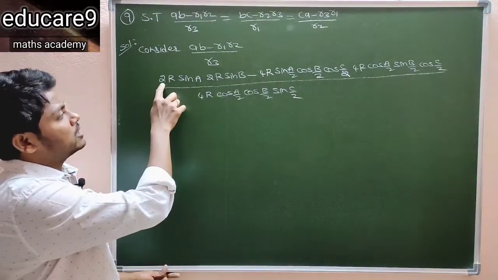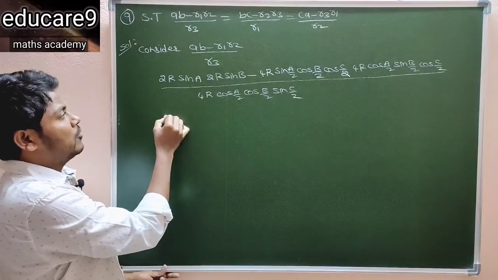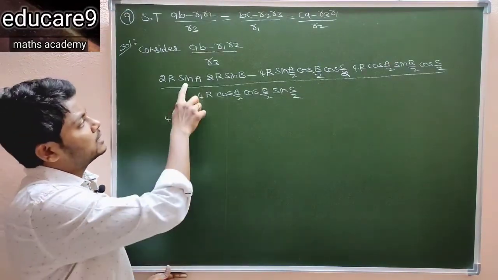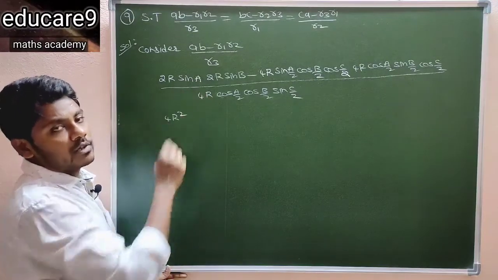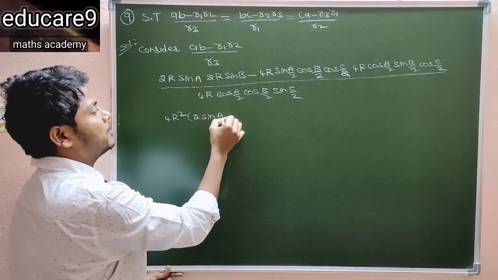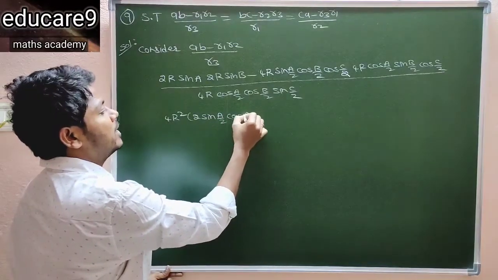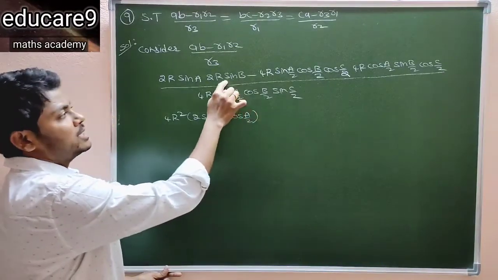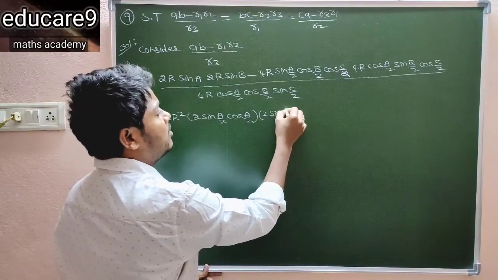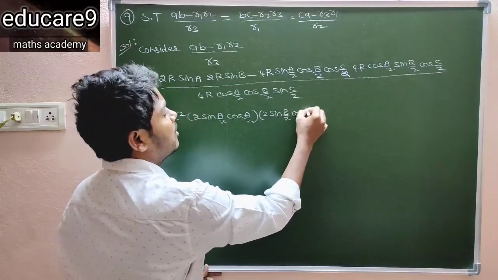So see here, this is 2R into 2R, 4R square. And what is the sin A formula? Half angle formula: 2 sin A by 2 cos A by 2. What is the sin B formula? 2 sin B by 2 cos B by 2.